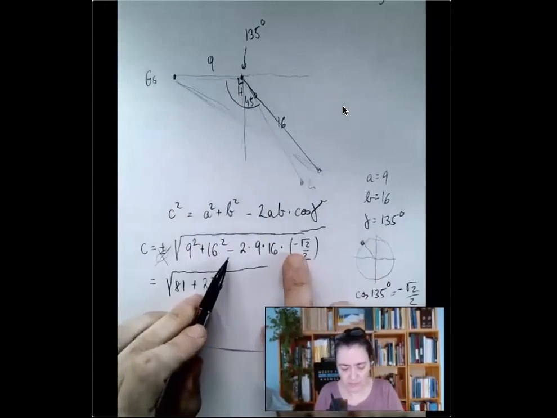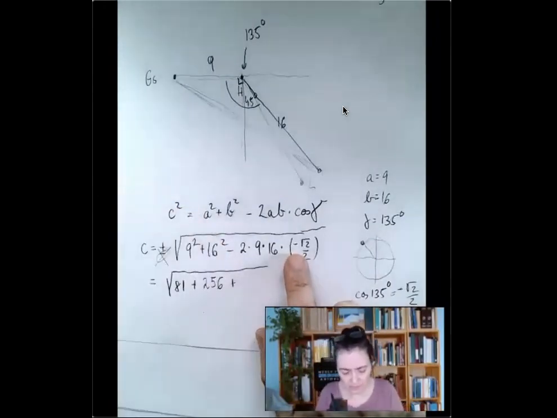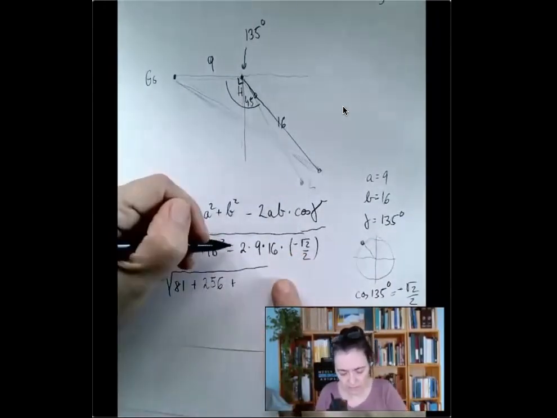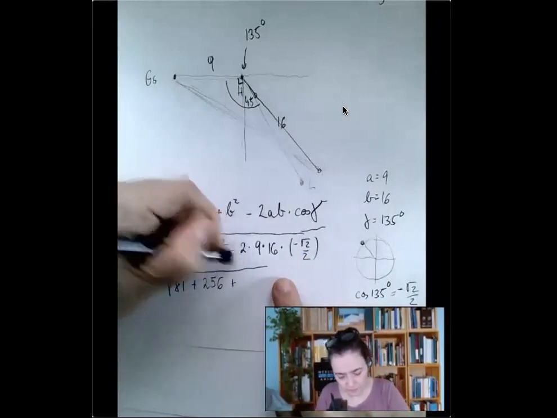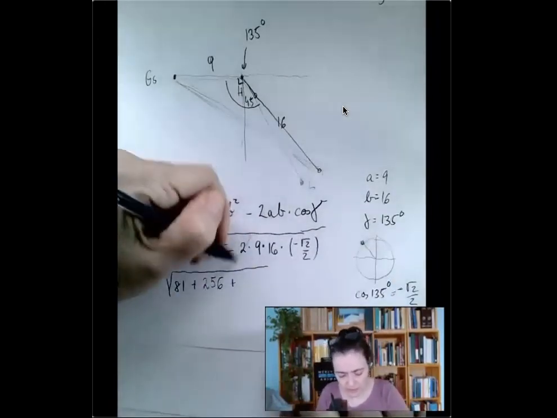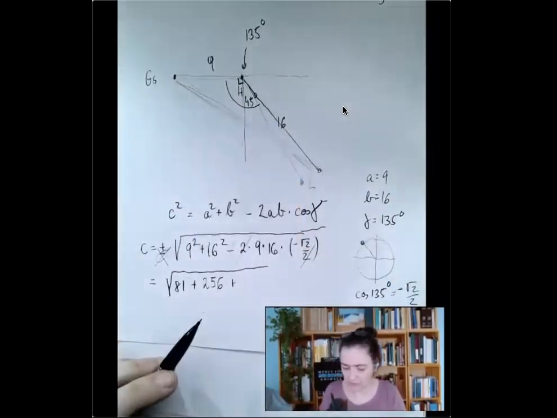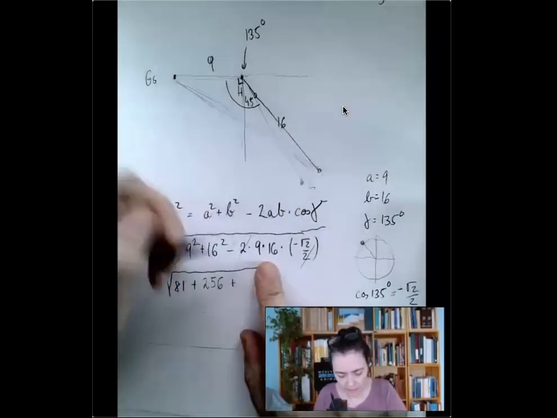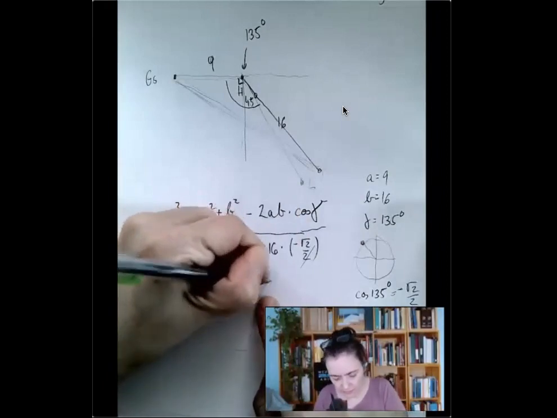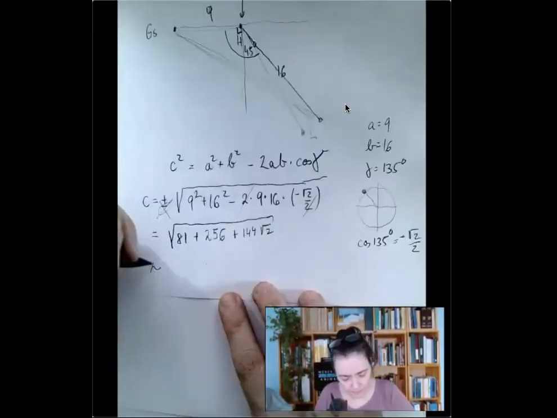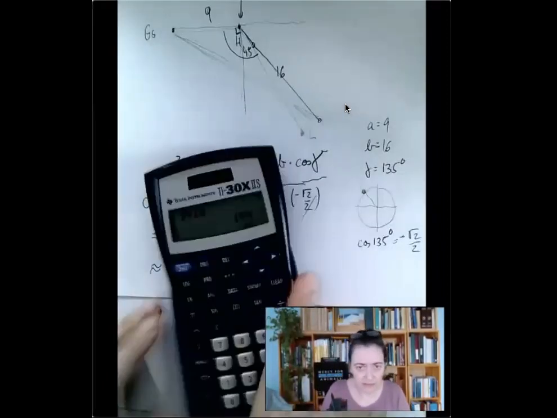And then minus times minus is going to be plus. And there's also a little bit of cancellation between the 2 in the numerator and the denominator. And I think this is 144 times square root of 2. We can punch in the whole thing as it is.